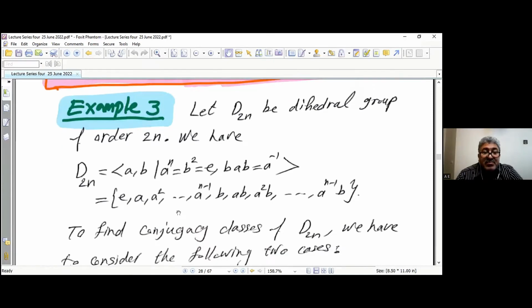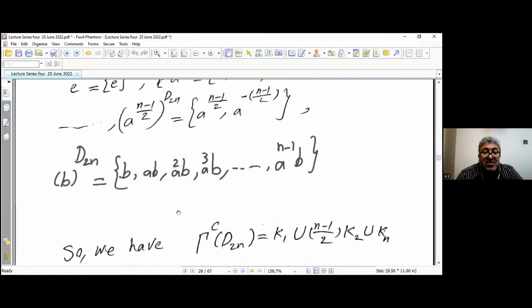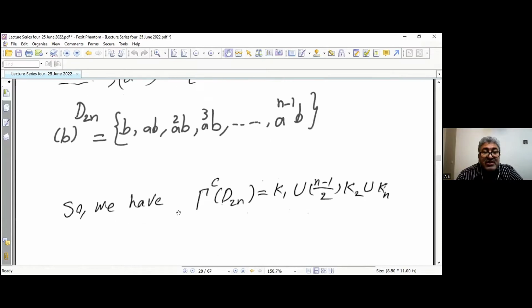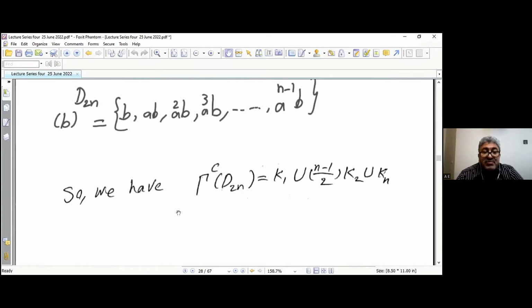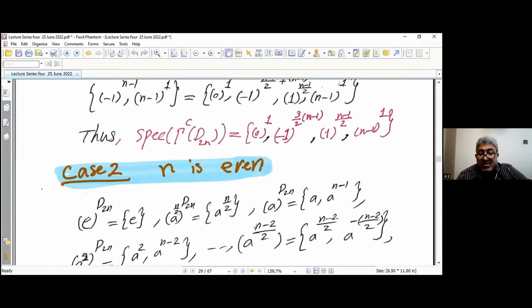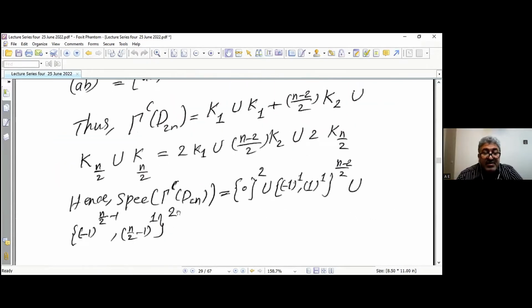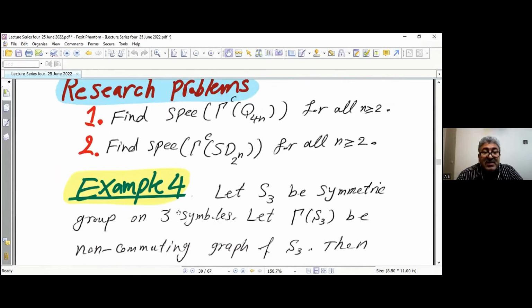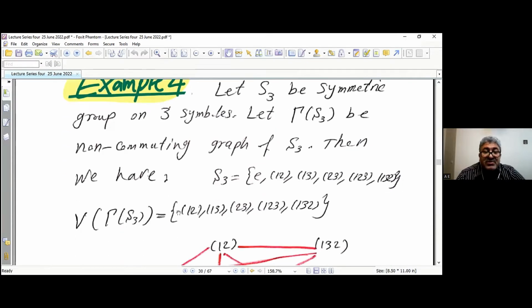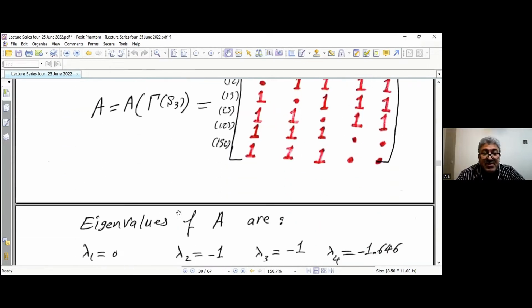Another example is about the dihedral group, the conjugate graph of the dihedral group in the general case for n odd and even. And that's some research problem.